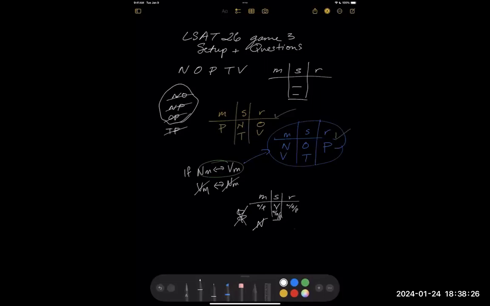O can go to the movie, that's fine. N could go to the restaurant or the soccer game, that's fine. T can't go to the soccer game because the other player that goes to the soccer game besides B has to be one of these three players so that they're all separated, right? It has to be either N or O or P.